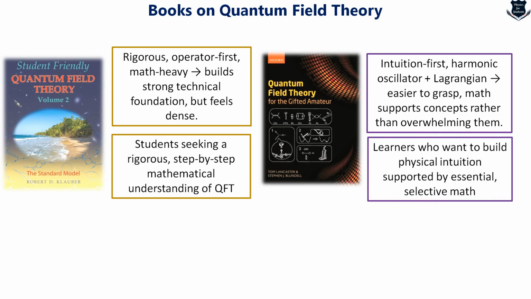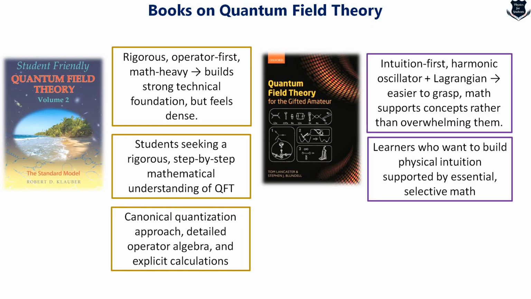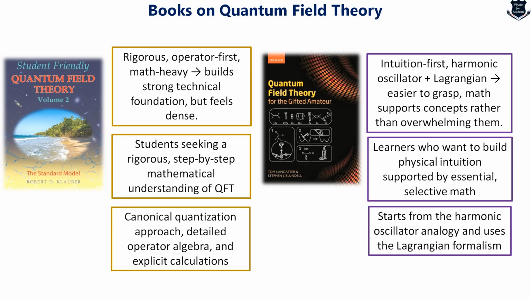Here you get a better mathematical and physical intuition before going into the maths. Here the canonical quantization approach is taken. Here it starts from the harmonic oscillator and moves into the Lagrangian formalism, which becomes easier for students to understand. Now these are the 2 books. Be careful which one you select, depending on how much mathematics you know.